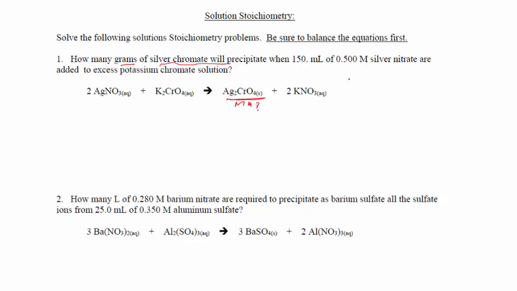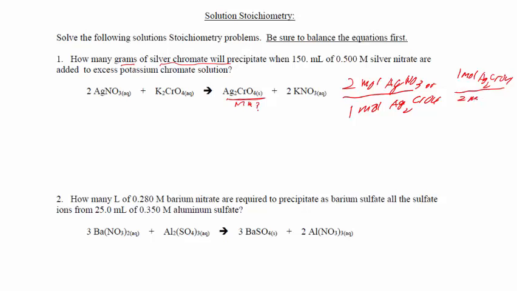And notice we have a ratio, 2 mol AgNO3 per 1 mol Ag2CrO4, or 1 mol Ag2CrO4 per 2 mol AgNO3. Okay, and those are the two things we're interested in.